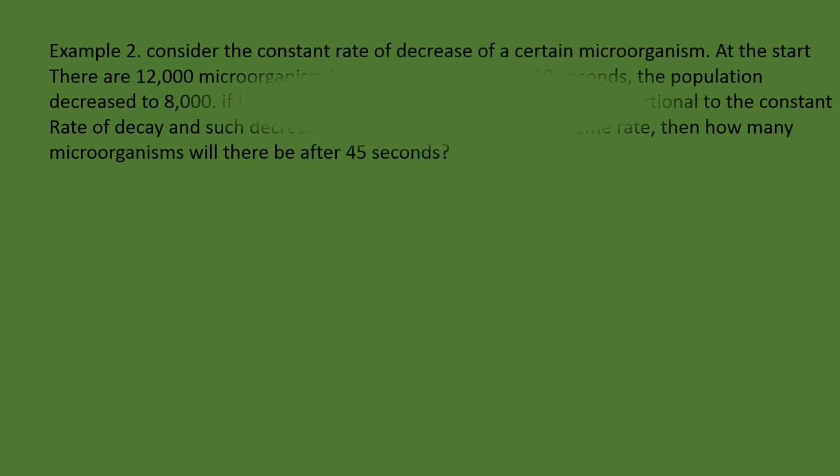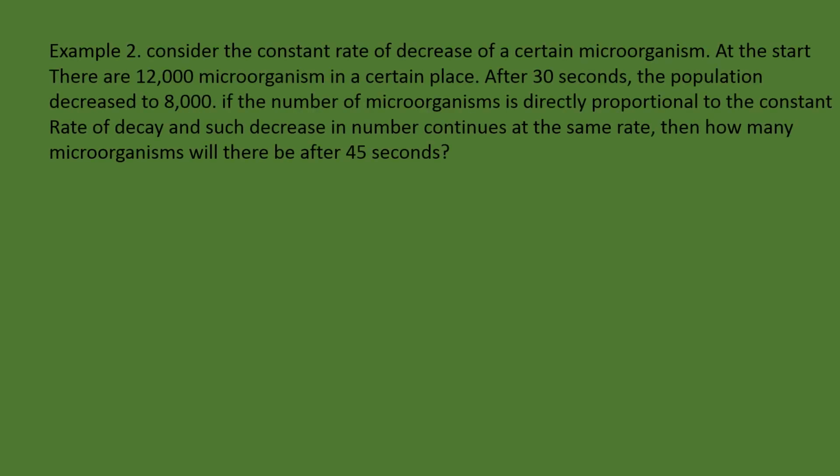Let us now proceed to example number 2. Consider the constant rate of decrease of a certain microorganism. So this is the decay type of problem. At the start, there are 12,000 microorganisms in a certain place. After 30 seconds, the population decreased to 8,000.